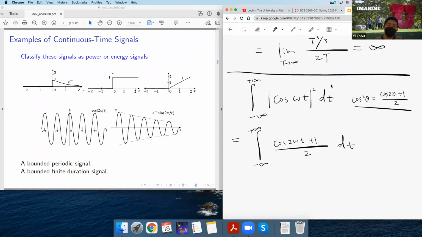And it is infinite because you have this part. This constant part will give you an infinite value. And this cosine part is a periodic signal, so it will get canceled out periodically. So overall, this energy is infinite.